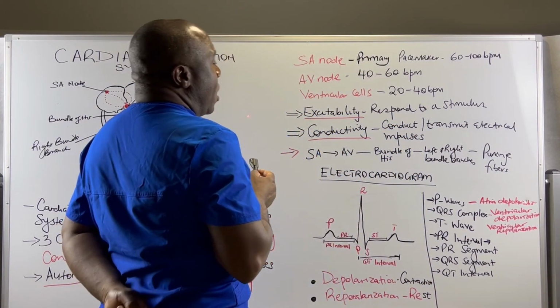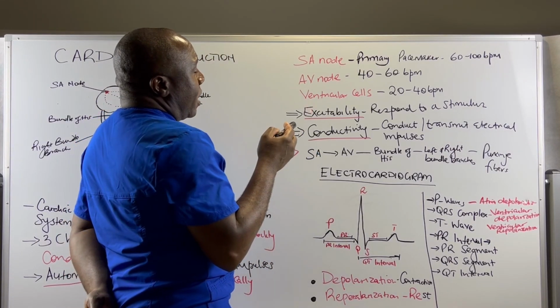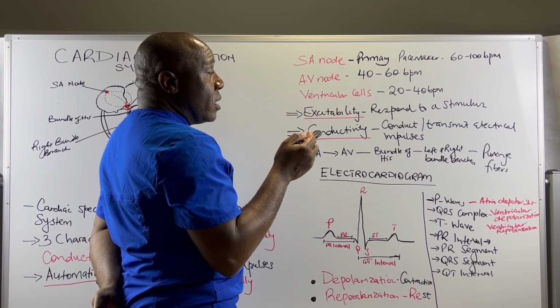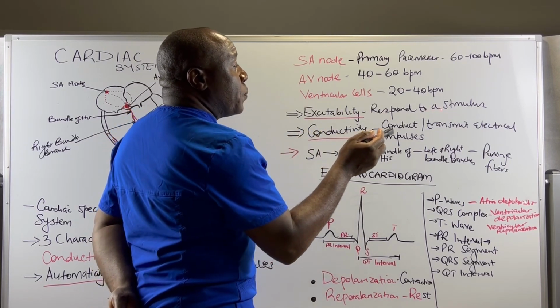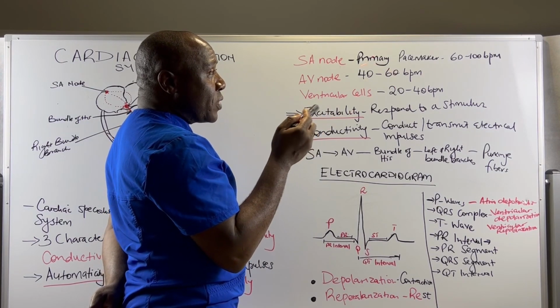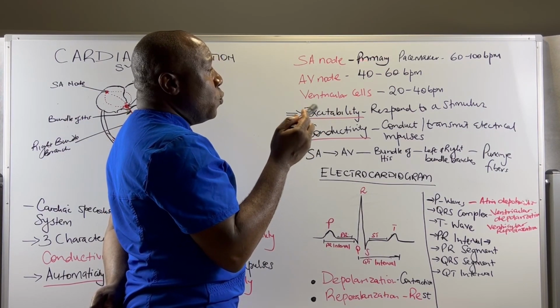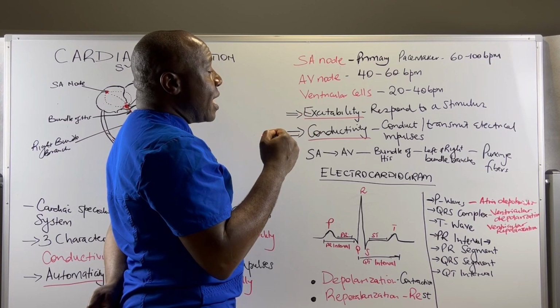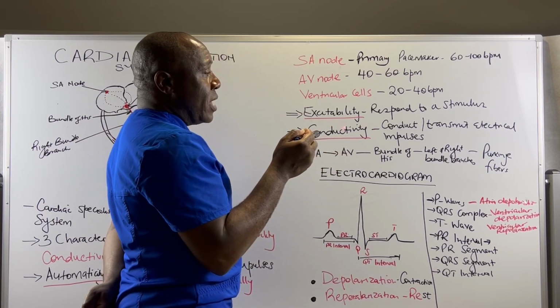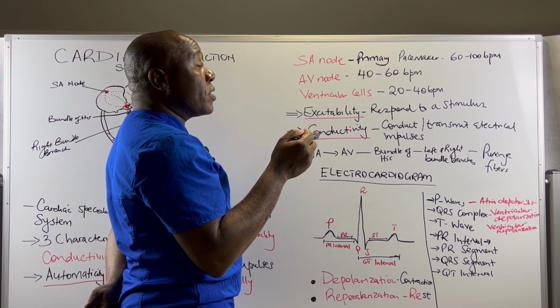So apart from automaticity, cardiac cells have a characteristic of excitability. They have the ability to respond to a stimulus. Cardiac cells can respond to the electrical impulses which are generated by pacemaker cells. Then cardiac cells can also conduct electrical impulses throughout the heart.